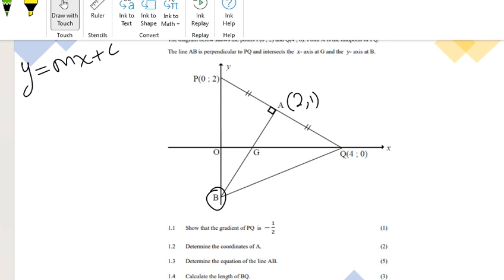So we need to know the gradient. We need a point that lies on this line, and yes, we do have that point, but we don't know the y-intercept. So we need to find the gradient.